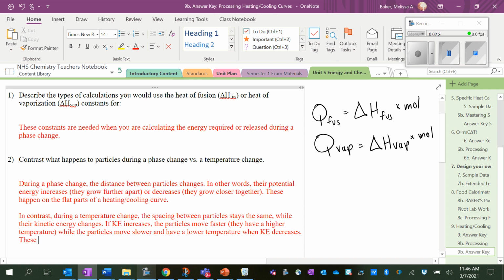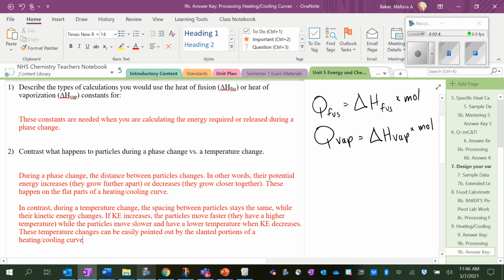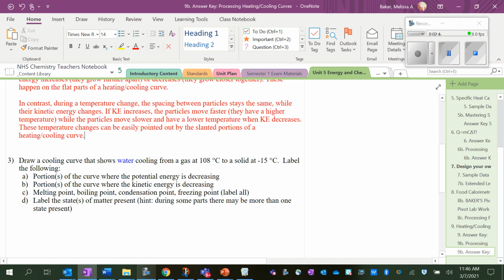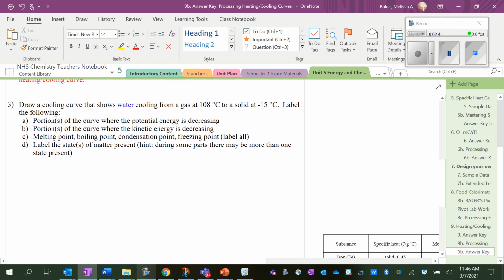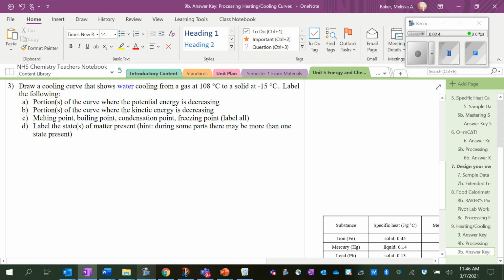These temperature changes can be easily pointed out by the slanted portions of a heating or cooling curve, which we're going to do an example of right here.